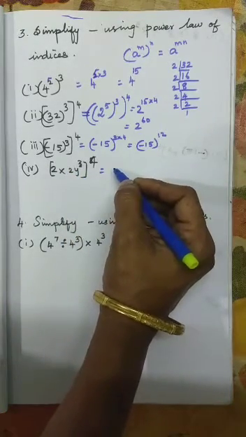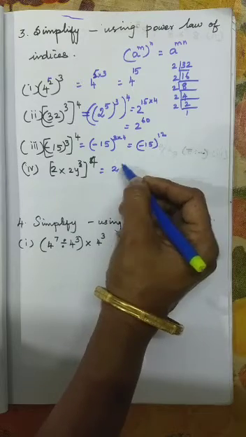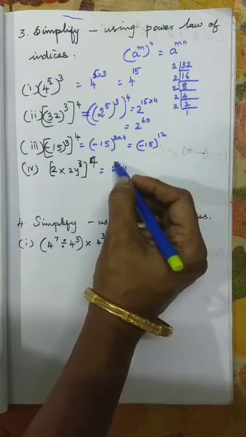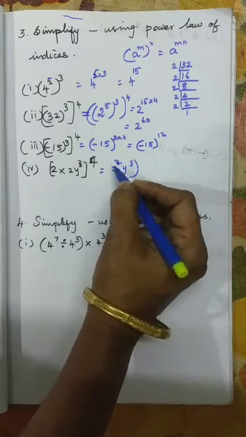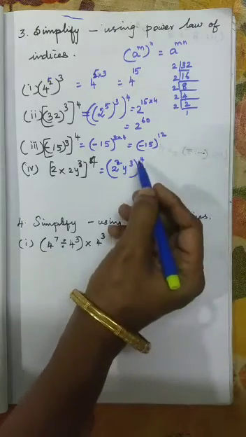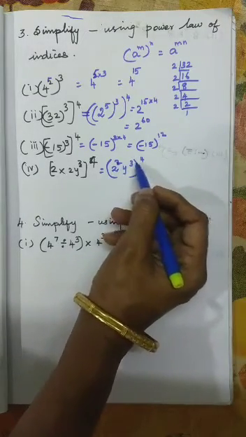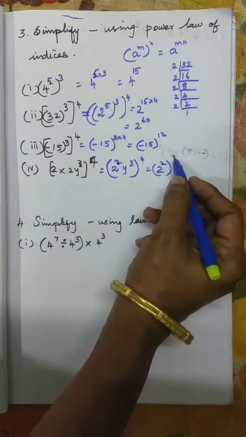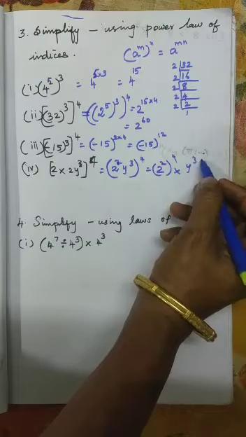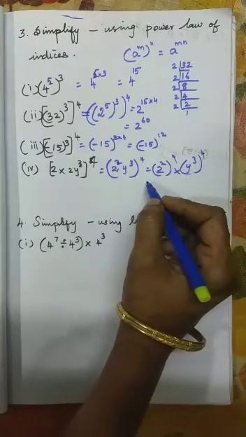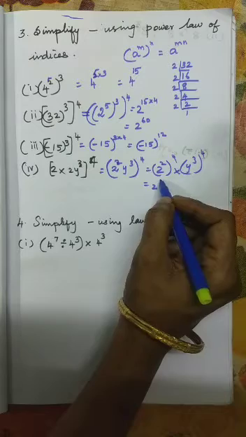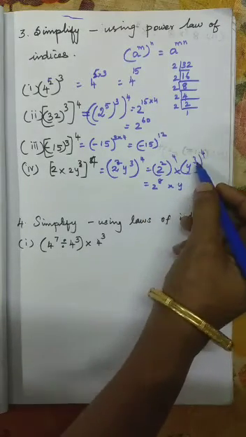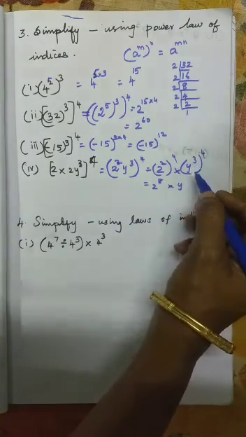So we can write this as 2 power 2 y cube, the whole power 4. Now this 4 goes to both the terms. So 2 power 2 the whole power 4 into y cube the whole power 4. Now 2 power 4 2s are 8 into y power 3 4s are 12.